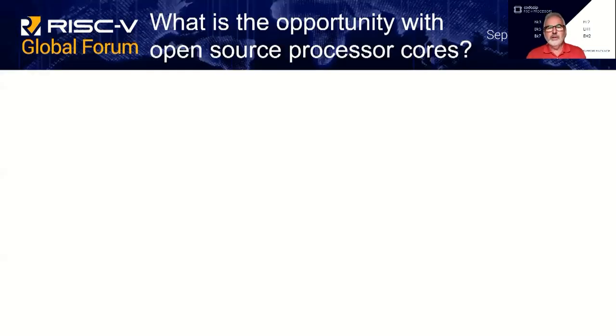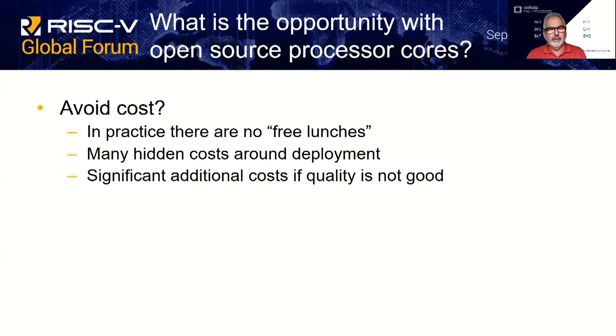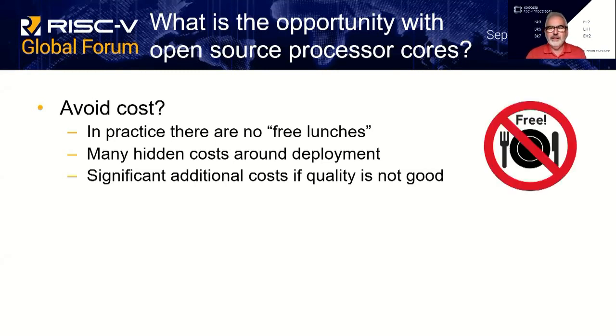So what is the opportunity with open source processor cores? Many people I've spoken to would say, well, it's to avoid cost. We all know that commercially licensed processor IP has fees associated with it. However, we also know in life, generally speaking, there's no free lunch.